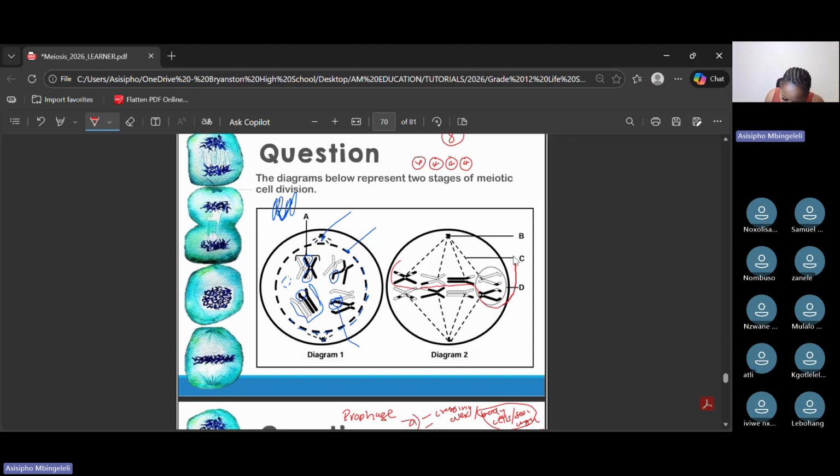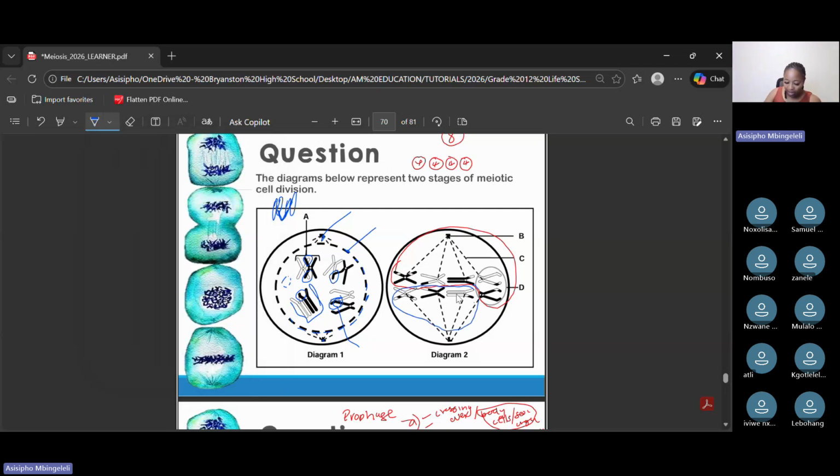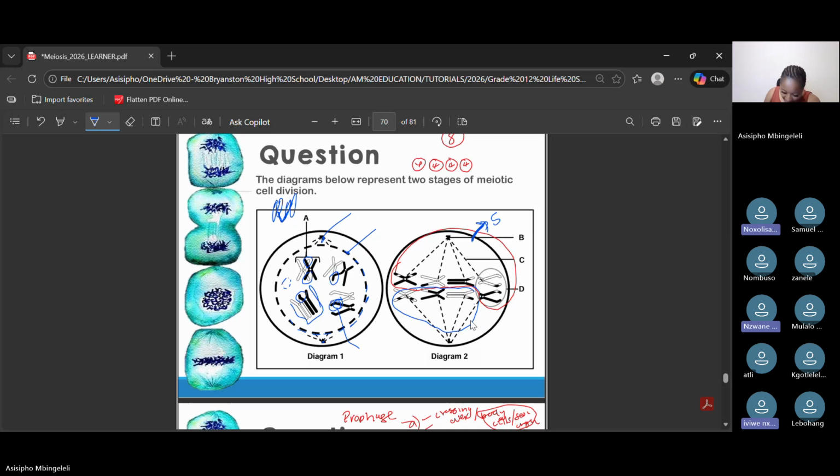So that means this would be one cell, and then I'm going to change my color. And then these chromosomes will form another cell. How many chromosomes are we going to find in this cell, the one I've represented with an arrow? You can easily count the chromosomes. 5 chromosomes, if they fail to separate.